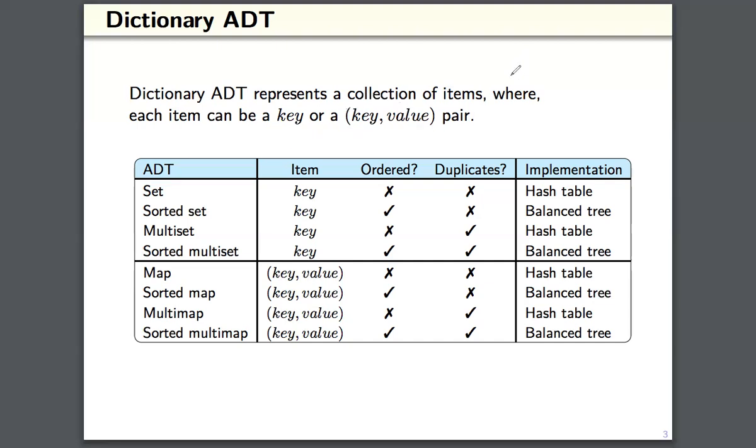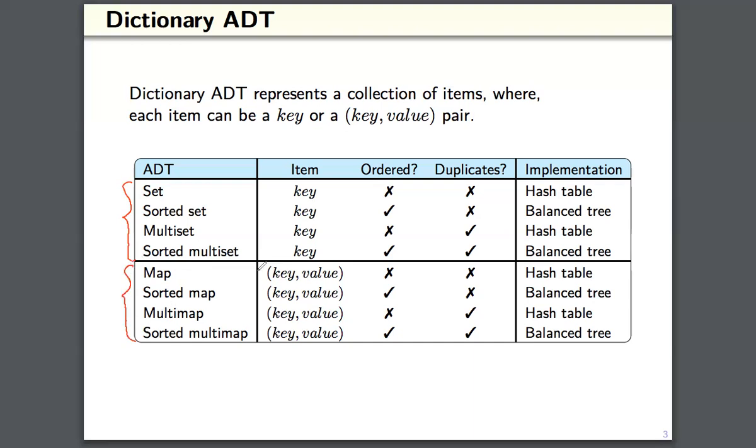Now, we have a lot of ADTs here: set, sorted set, multi-set, sorted multi-set, map, sorted map, multi-map, sorted multi-map, and so on. First, let's differentiate between sets and maps. All these are sets. All these are maps.